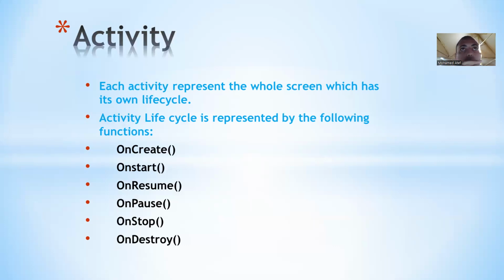After that, onResume is called again, and the user can handle actions and deal with views on the screen. onDestroy can also be called once the user tries to exit or close the app.